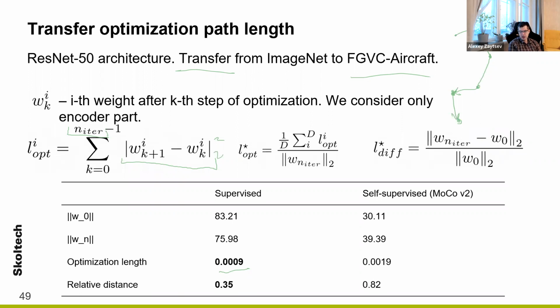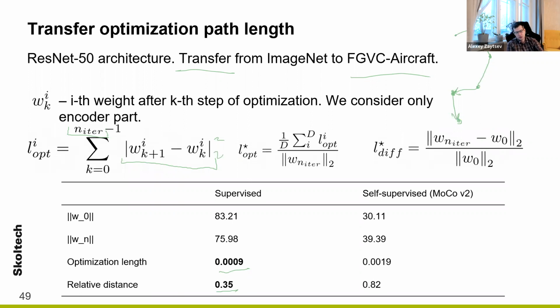Also, when we compare the distances between the initial optima and the optima we found, we see that for the supervised approach it is much closer. For me it was a bit surprising, because I expected self-supervised optima to have slightly better generalization ability since they weren't trained for a supervised problem, but instead we see that this is not the case.